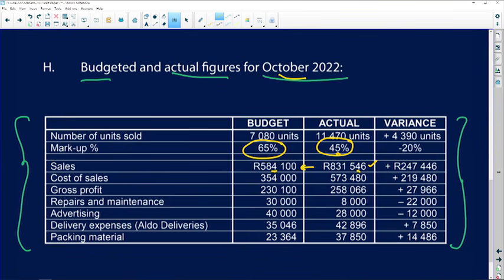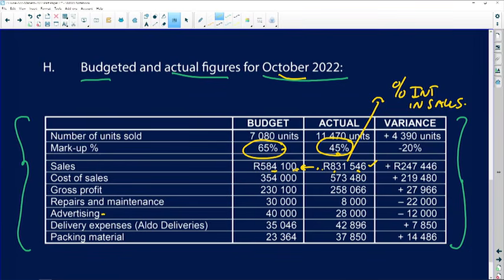So even though the markup was under budget, if we look at the sales, she's obviously got significantly higher sales. Now remember guys, you can work out again the percentage increase in sales. We'll see that in the memo in a second, right? Or you can talk about the difference in sales if you're showing the rand value.